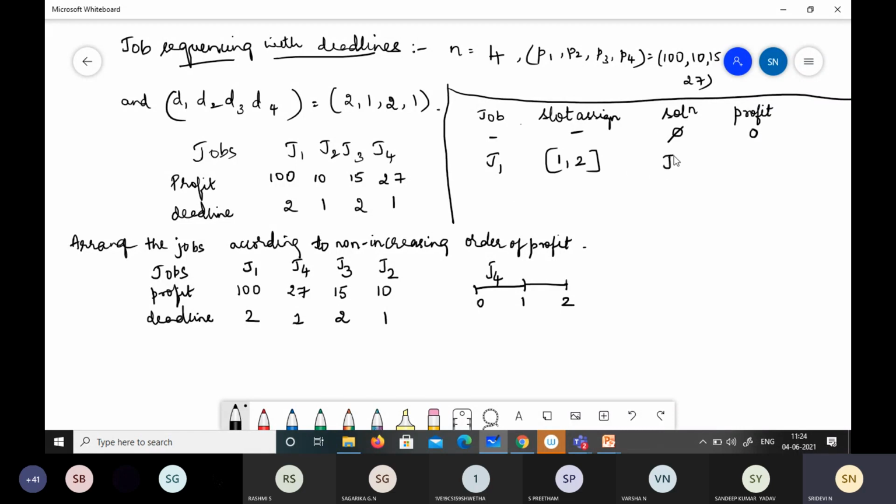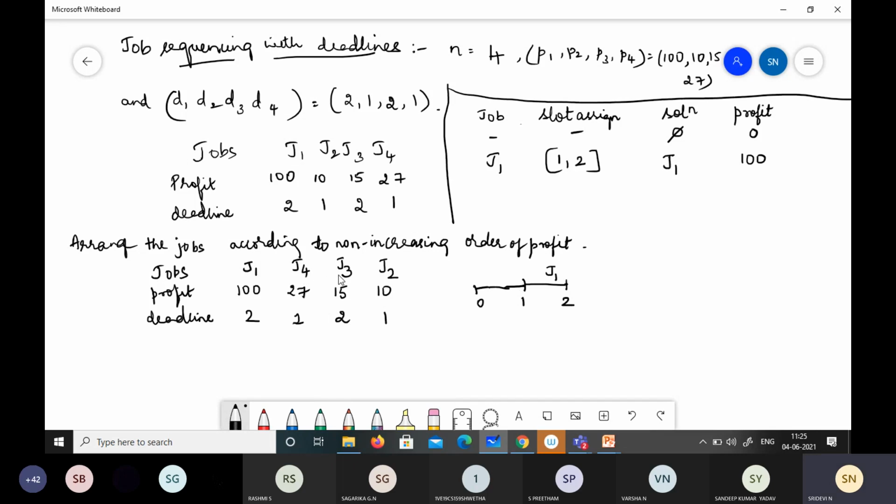And what is the solution? We have selected J1. What is the profit? 100. So we just put J1 here. Now, which other job with maximum profit can be completed within 1 minute? J4 and J3 are the 2 jobs with next maximum profit. But J4 should be completed within 1 minute, and J3 within 2 minutes.